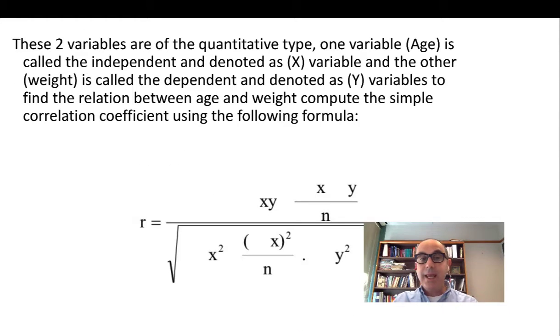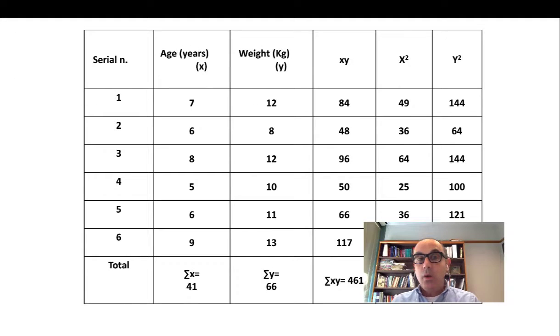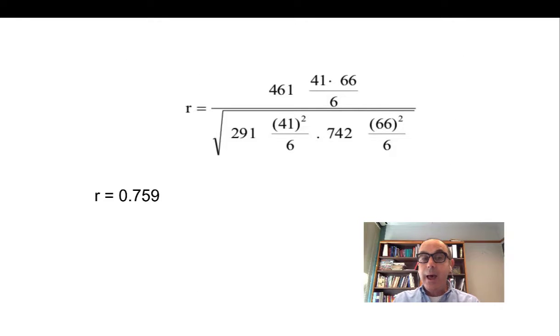We calculate x multiplied by y, x squared, and y squared, and apply the formula, which gives us in the end a result of 0.759. By doing that, we can report that there is a strong direct correlation between fat and age.